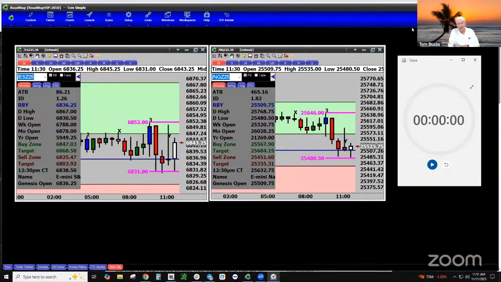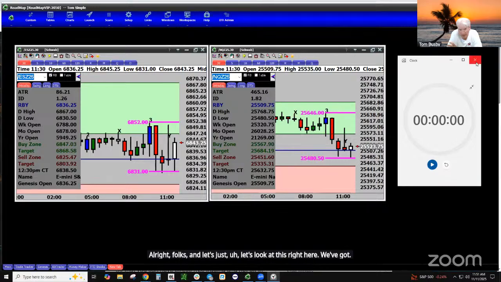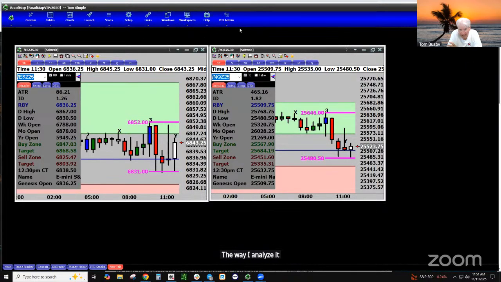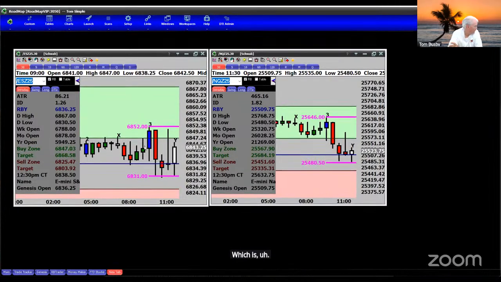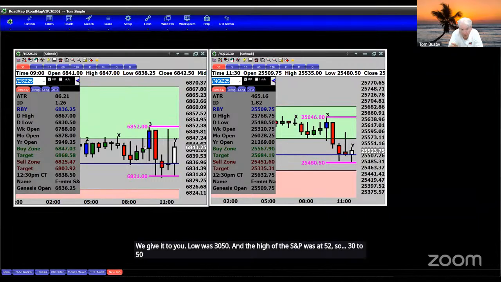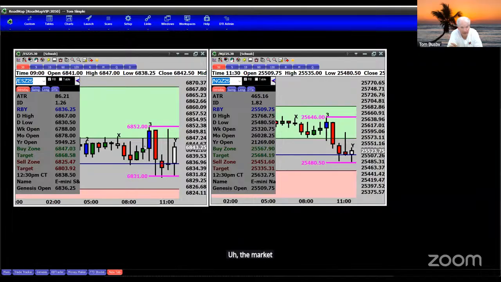All right, folks, let's look at this right here. The way I analyze it, I look at the high and low of this morning. The low for the S&P was 30.50, and the high was at 52. So 30 to 50 would tell me above 42, and I use 42 because that was the RB3 opening. The market is leading itself to make a low during Genesis.